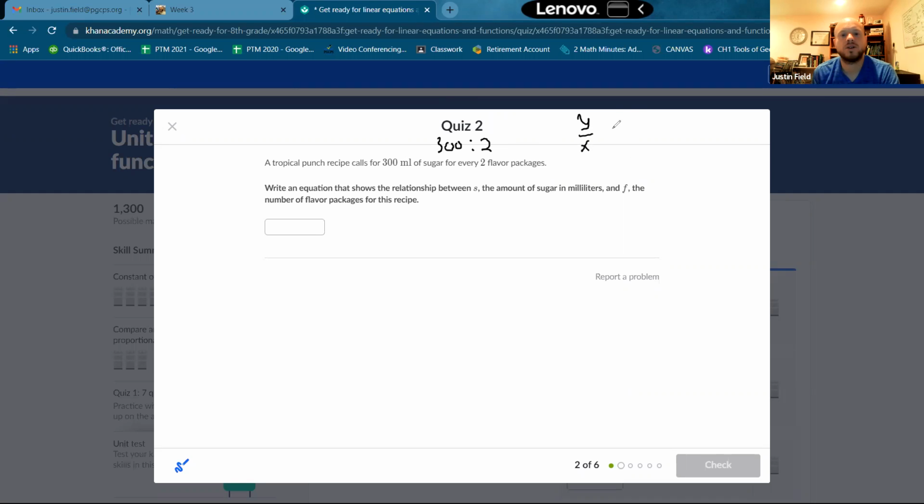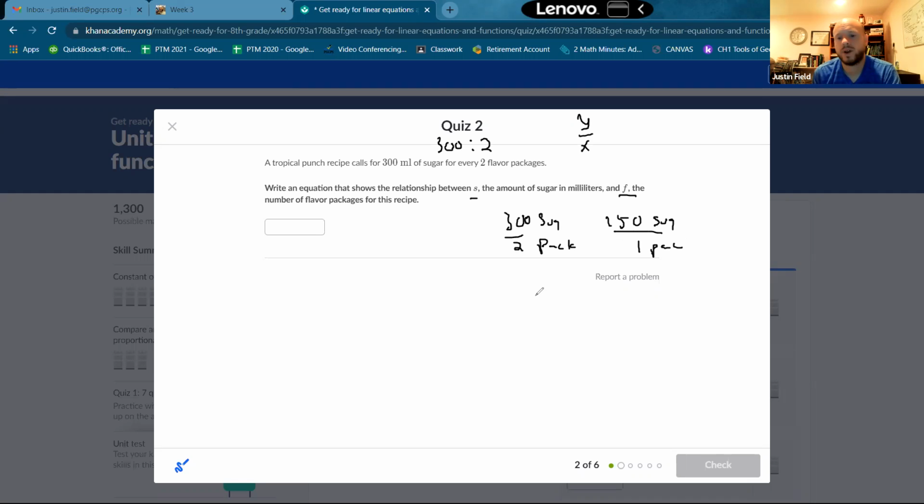And so we want to write an equation that shows the relationship between S amount of sugar and F number of flavor packages. So it's 300 sugar out of 2 packages, which would reduce to 150 sugar for every 1 package.